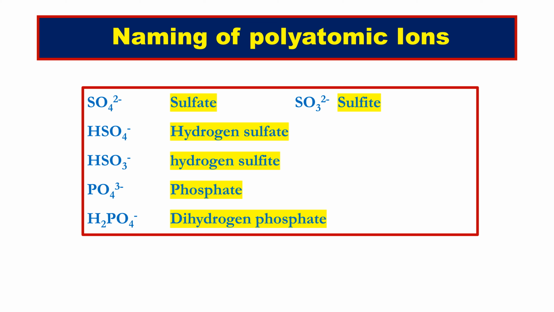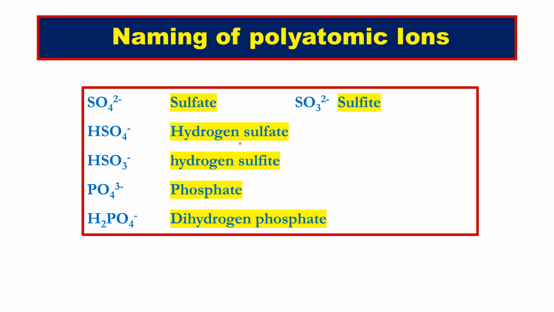We now look at more examples on naming of polyatomic ions. SO4 2- is sulfate, SO3 2- is sulfite. So notice the difference between these two. When it is O3 it is sulfite, O4 is sulfate.